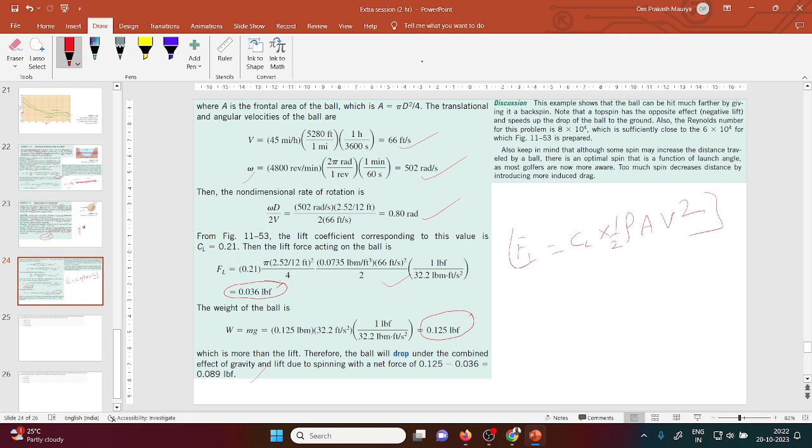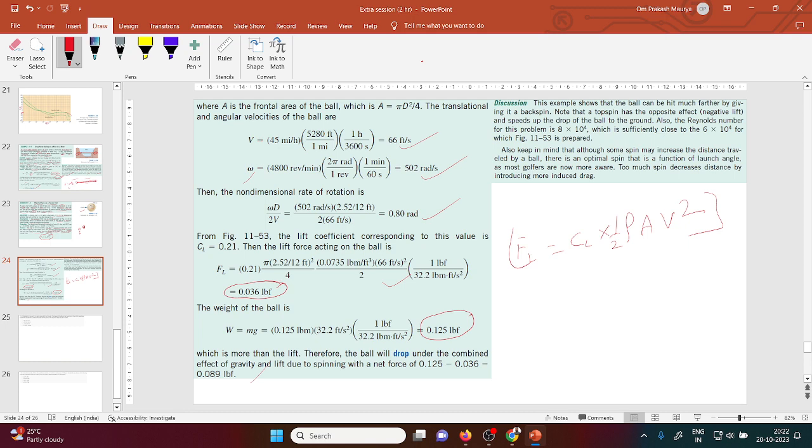So the conclusion is what? This example shows that the ball can be hit much farther by giving a back spin. Note that the top spin has the opposite effect.